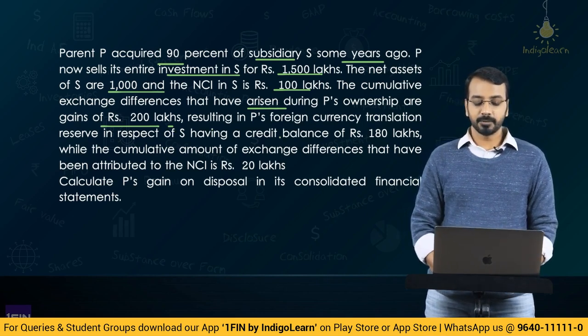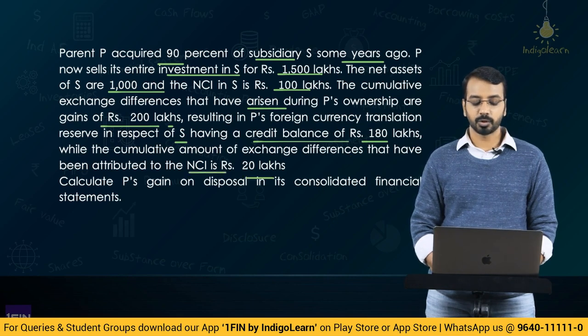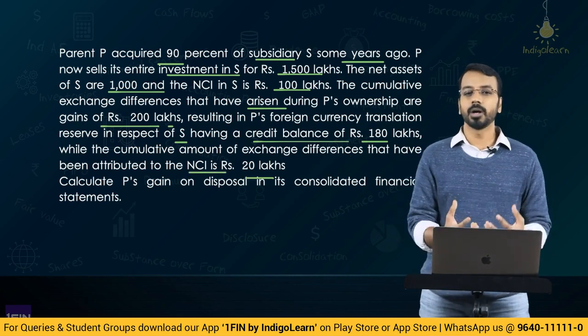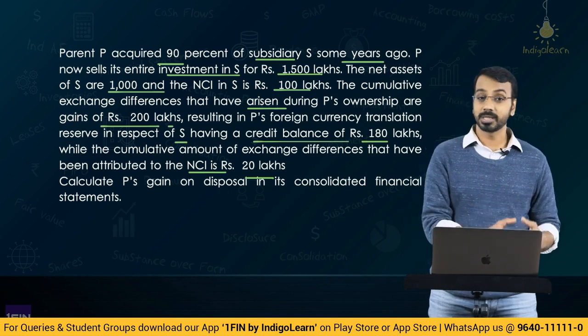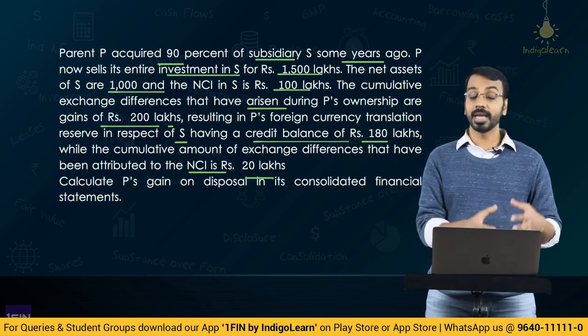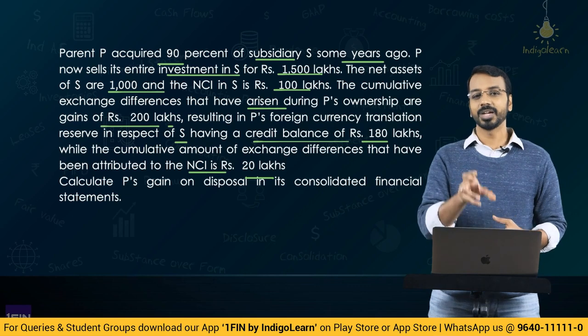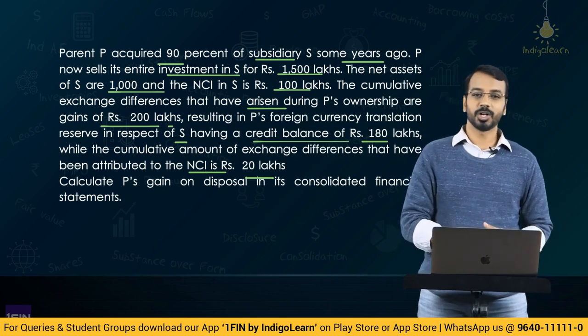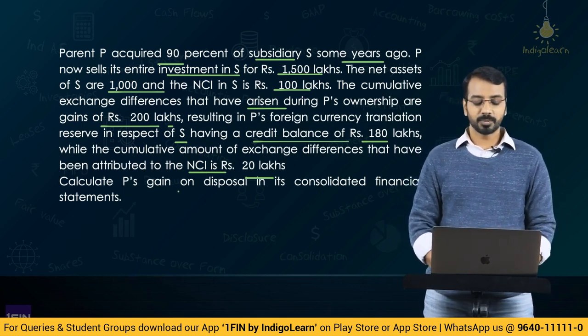So this has resulted in P's foreign currency translation reserve in respect of S having a credit balance of 180 lakhs, with the cumulative amount of exchange differences that have been attributed to the NCI at 20 lakhs. So out of 200, 180 is in the owner's OCI, other comprehensive income balance, and 20 is attributable to the non-controlling interest. Calculate P's gain on disposal in its consolidated financial statement.